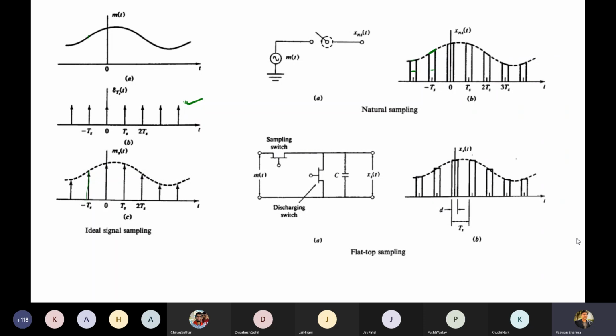So you will see, instead of having a natural curve, which is difficult, you will have a flat top. During this entire duration, there is a constant level which is being present. So that is known as flat top sampling. So this is actually pulse amplitude modulation, PAM.